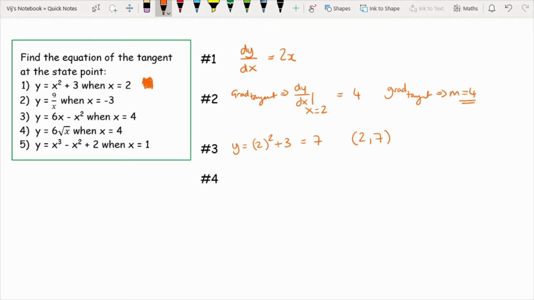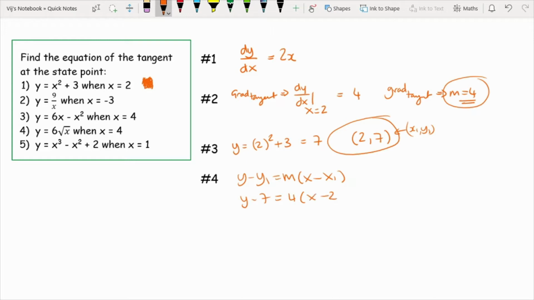And then finally, using this as my x1, y1, and my gradient of 4, I'm now going to use y minus y1 equals m(x minus x1). So I've got y minus 7 equals 4(x minus 2).